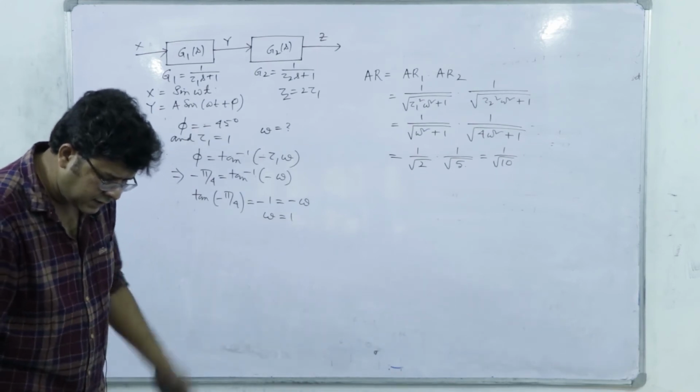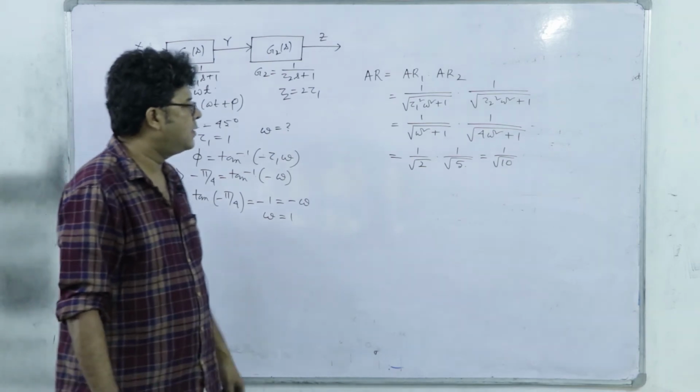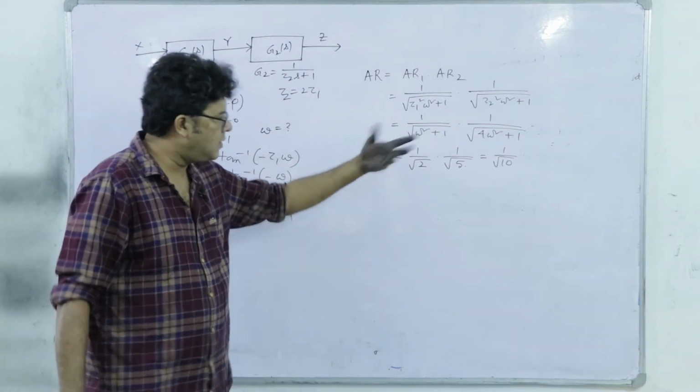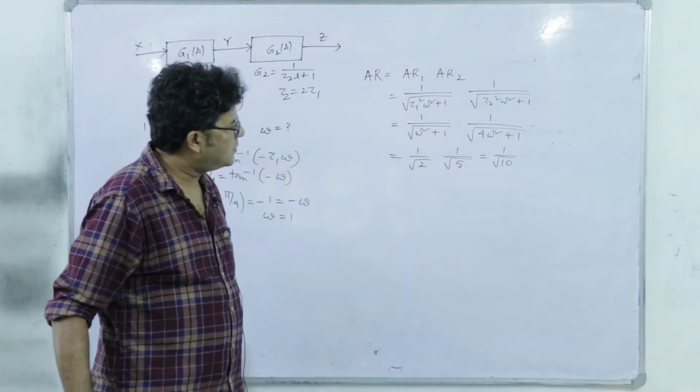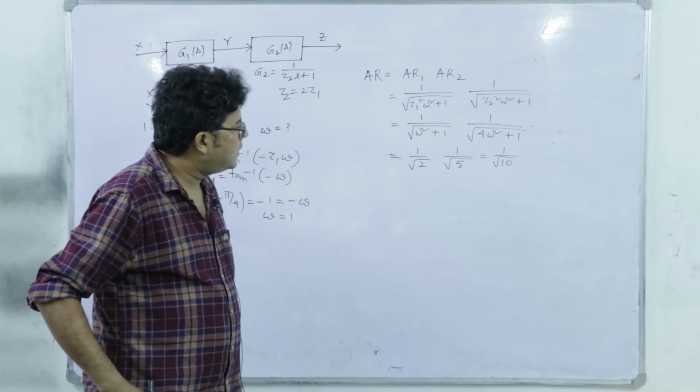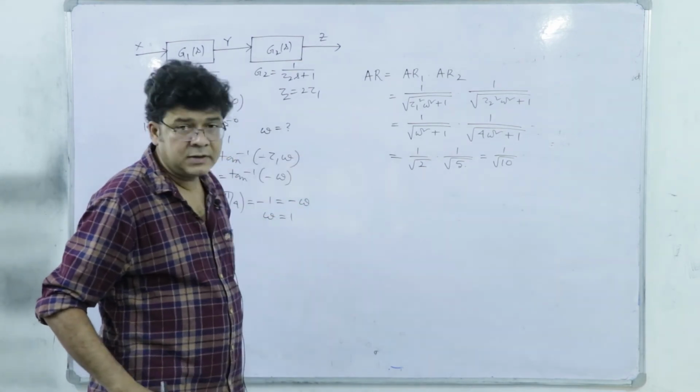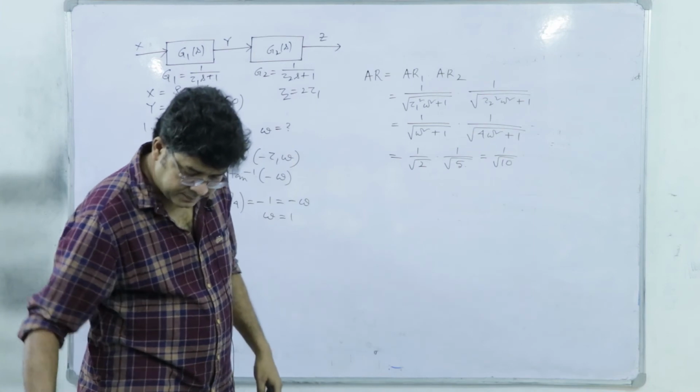Root 10 will be 3.16 or so, and 1 by root 10 will be around 0.32.